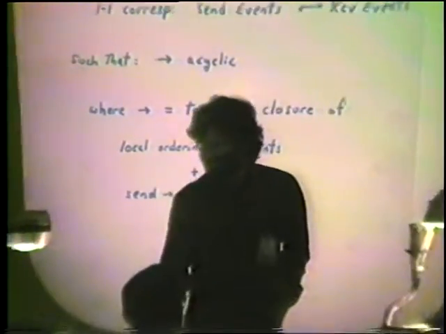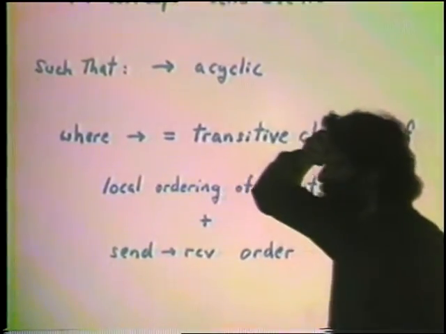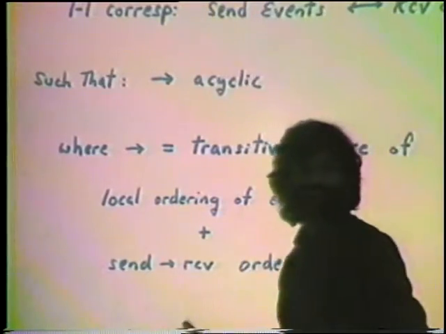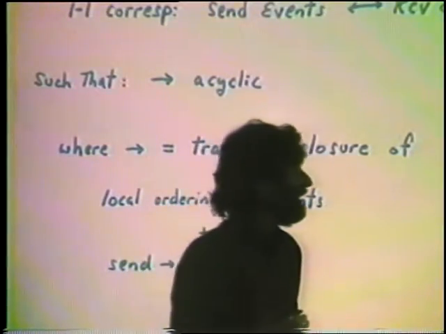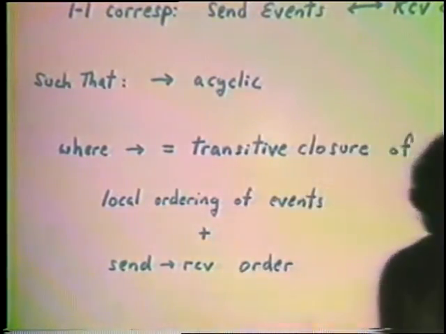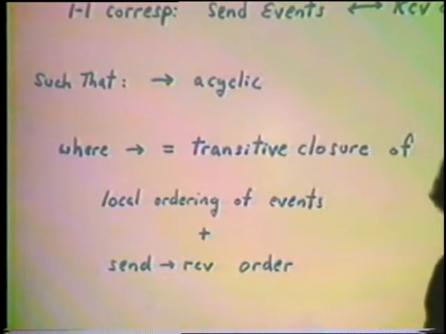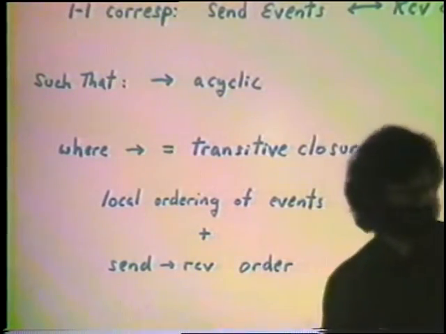The extra condition that has to be met is that a certain relation, which I'll call arrow, is acyclic, where arrow is the transitive closure. Arrow represents the temporal precedence relations that have to exist.